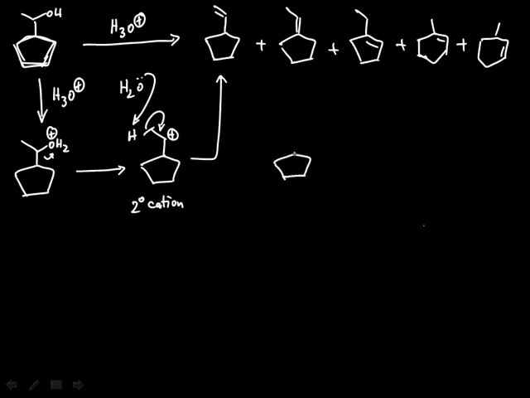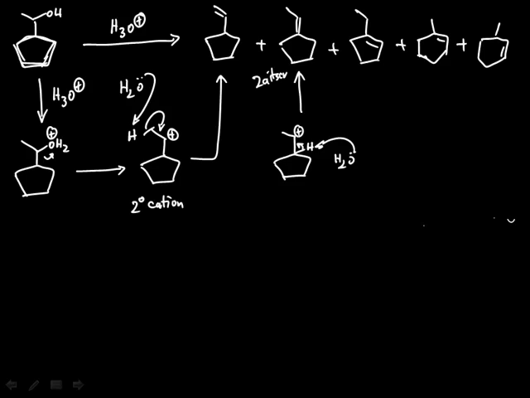Alternatively, the same cation could be attacked, but a different proton will be abstracted, and then the double bond will be formed in this position, which would then lead to the second possible product. By the way, this would be a Zaitsev's product because it's more substituted, so this would be predominant. However, the other products are not as easily explained by this simple reasoning.